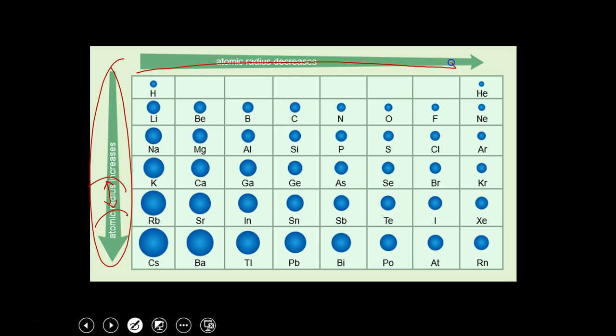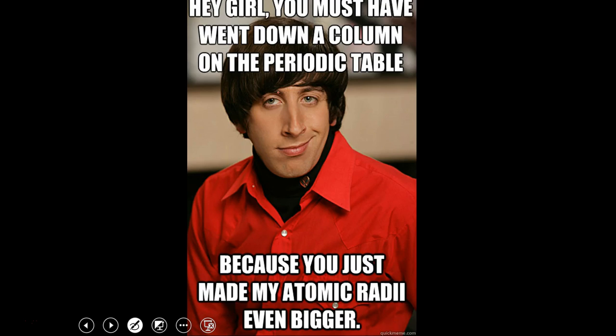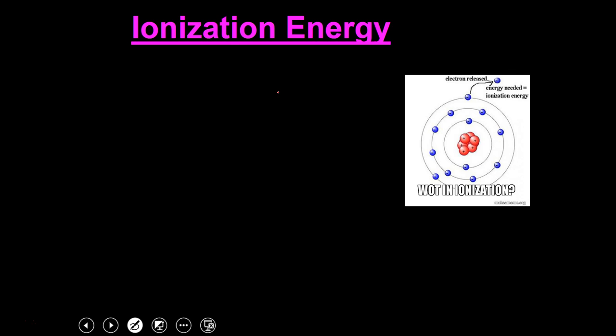As you go right, it's going to get smaller because you're not adding floors, but you are adding protons, so your nucleus is getting stronger and it's going to pull those guys in tighter. It's going to hug them in tighter because it can. All right, so again, as you go down, it gets bigger. As you go across, it gets smaller.